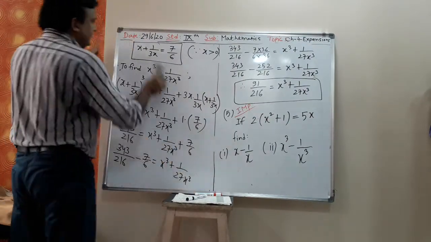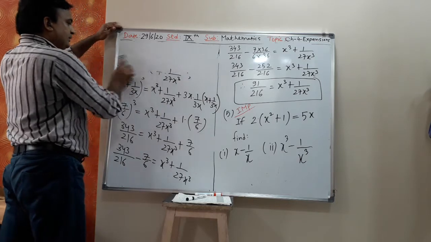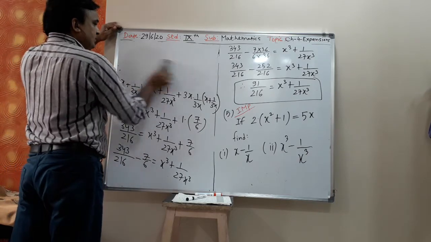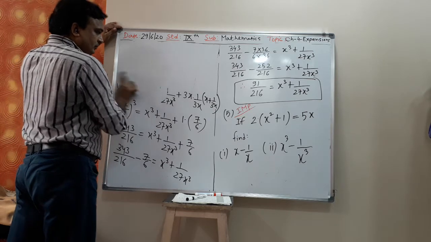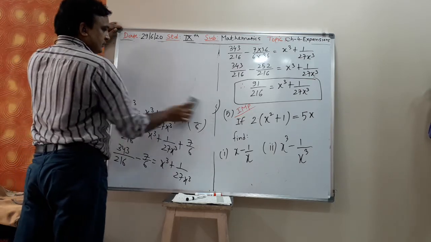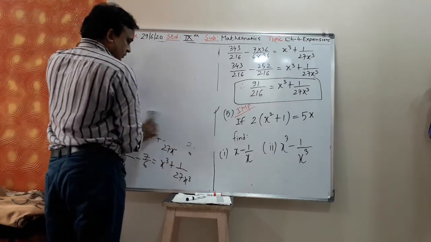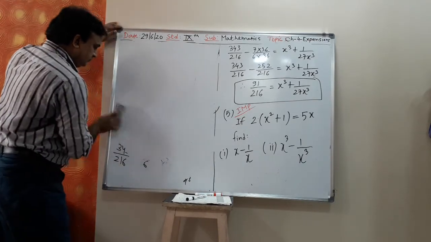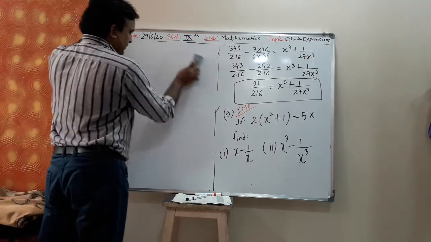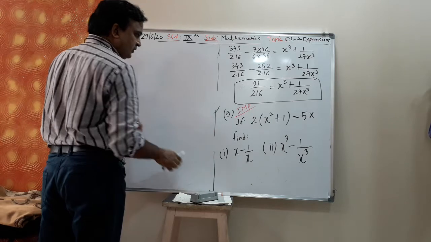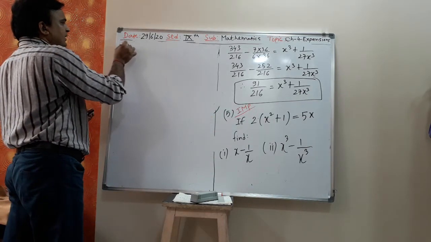First I will simplify. 2 into (x square plus 1) is equal to 5x. Now let me solve this.